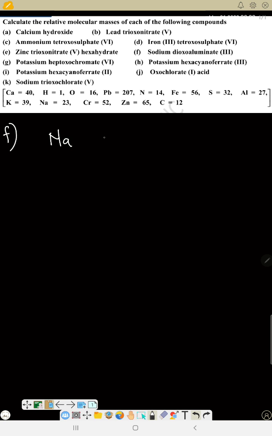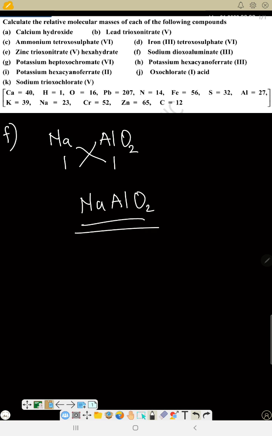Aluminate 3 is AlO2. Sodium is 1. This one too is 1. They are charged. So that will be NaAlO2. So find the relative molecular mass like that.